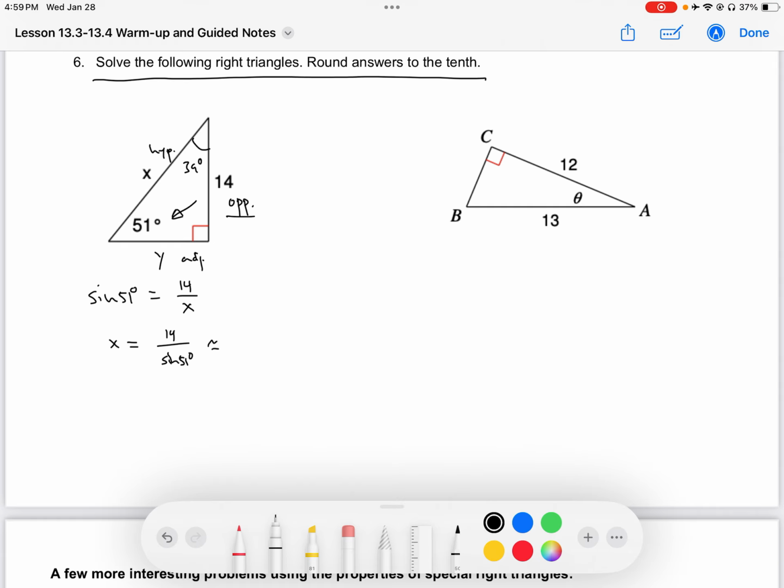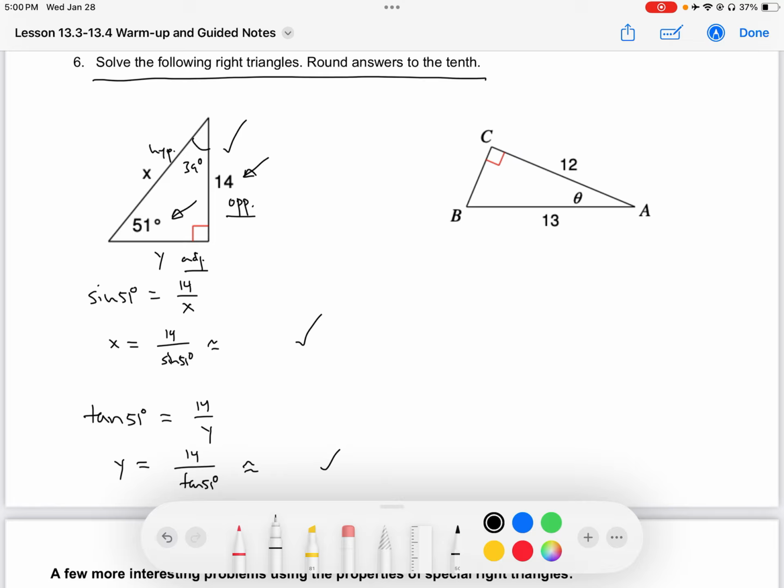I could use tangent because it's opposite and adjacent, and I know that the opposite is 14. So what about saying tangent of 51 degrees is equal to 14 over y? And that would tell me that y is going to end up being 14 divided by tangent of 51 degrees. Once I have a decimal approximation for y and for x, and I've found the other angle, I solved the triangle.